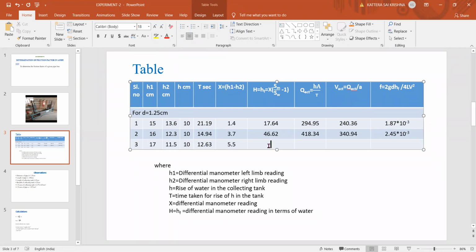Karthik, 377. Tell the H value, Karthik. You are calculating. Okay, do it.